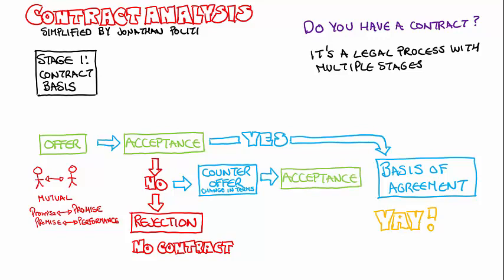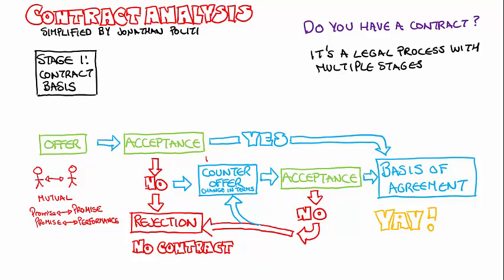So maybe there's acceptance. Okay, I agree to pay you more money if you paint my house. That would be acceptance. That would lead to the basis of an agreement. Or maybe there isn't an acceptance of the new terms and it's rejected. So, in that case, you follow the process, and that would mean if it's a rejection, there's no contract. Or it could be there's another opportunity to negotiate and offer different terms, another counteroffer.